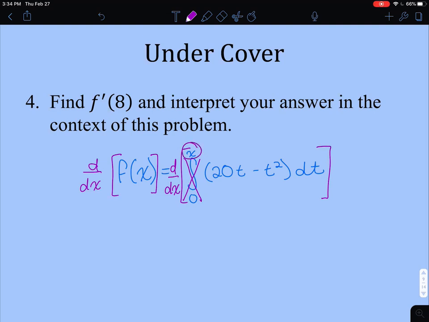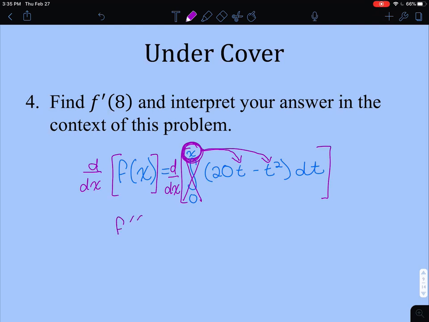This x in the top, which I'm sure you're wondering, why do we have an x instead of a t? Well, we're taking the derivative with respect to x, so that x is going to substitute in for t. When I take the derivative with respect to x, and x is not in the integrand, but is the upper limit of my integral, x substitutes into my integrand.